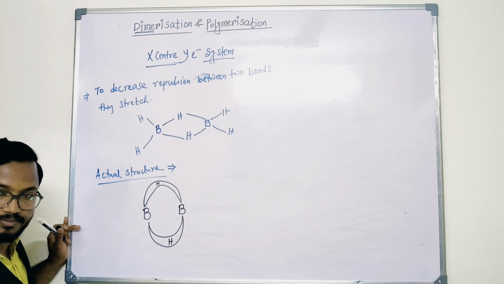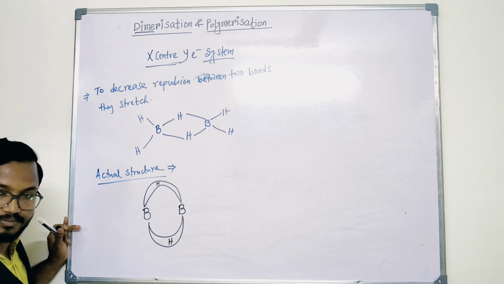Regarding monomers, for example, a very famous monomer, BeH2. How is it represented? Be bonded with hydrogen. This is sp hybridized, obviously a linear structure. If we take the dimer of BeH2, how can it be represented?